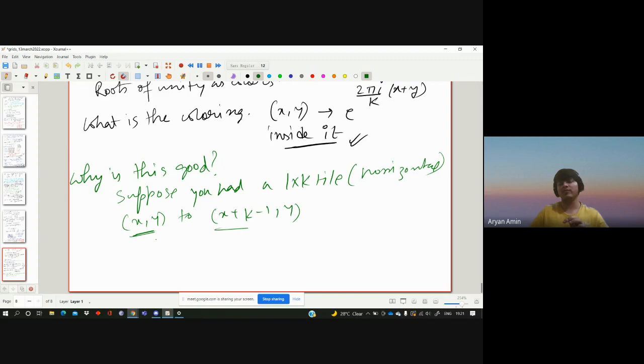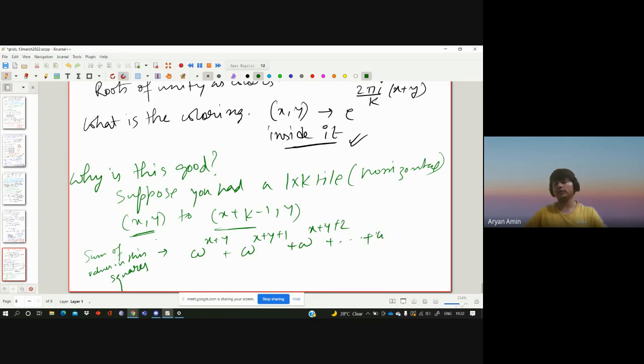You are basically summing up omega to the power x plus y, omega to the power x plus y plus 1, omega to the power x plus y plus 2, up till omega to the power x plus y plus k minus 1.